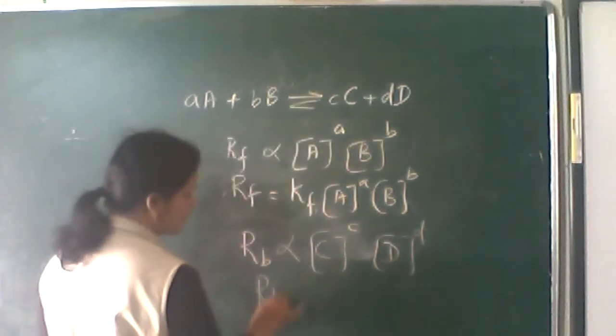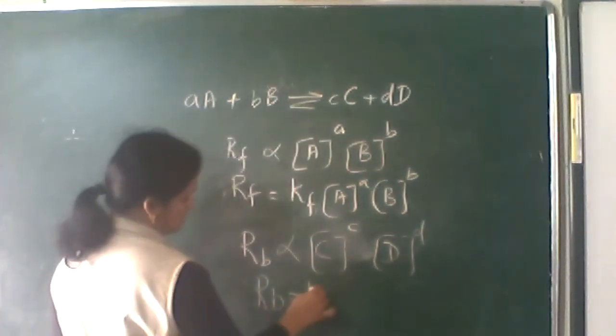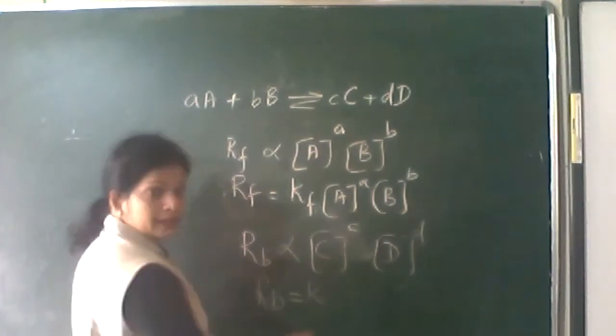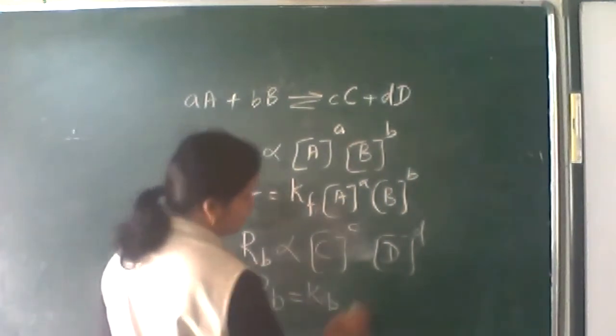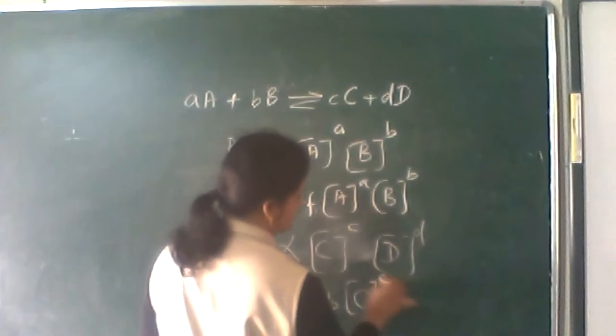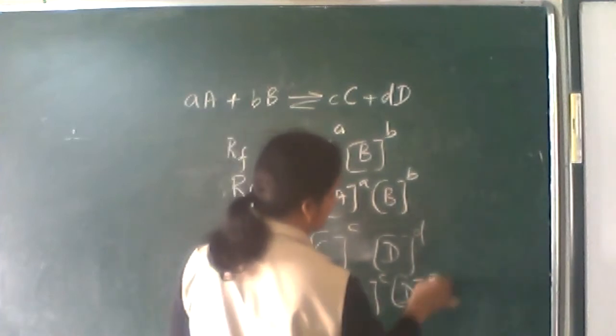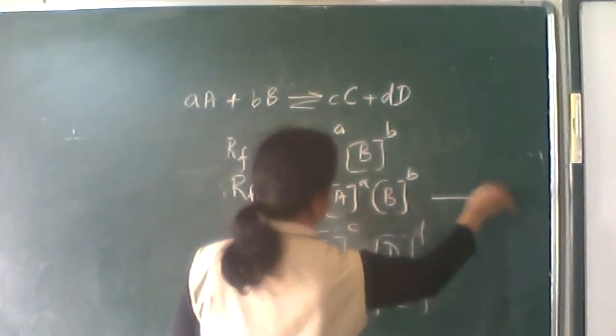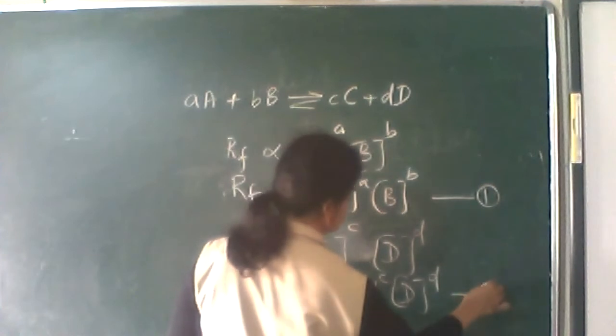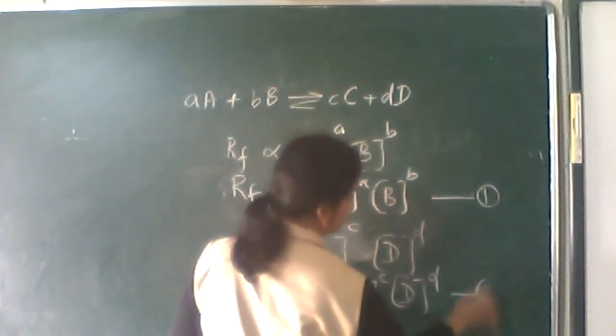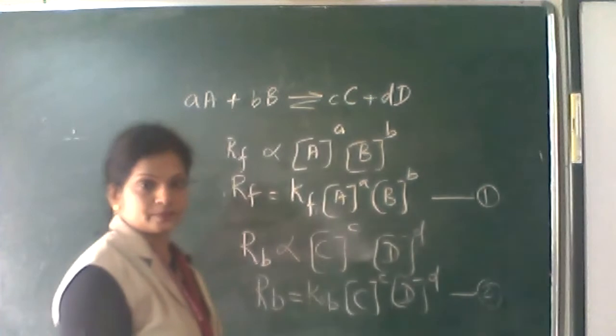Or Rb is equal to Kb into C to the power c into D to the power d. So this is Rf and this is Rb, the rate of backward reaction.